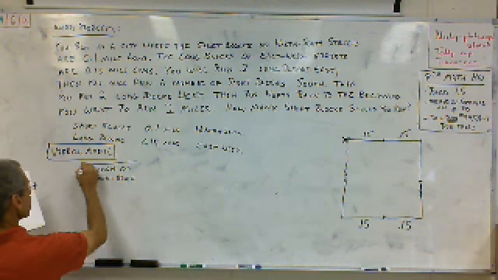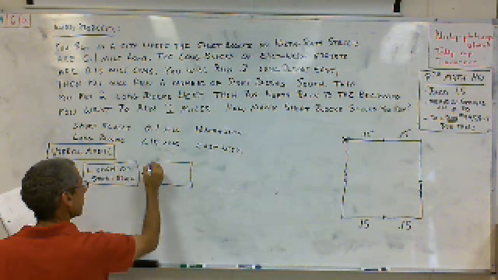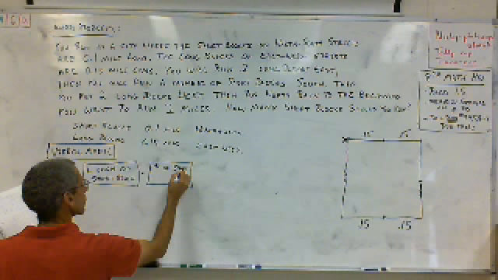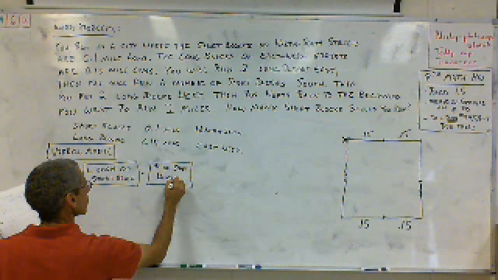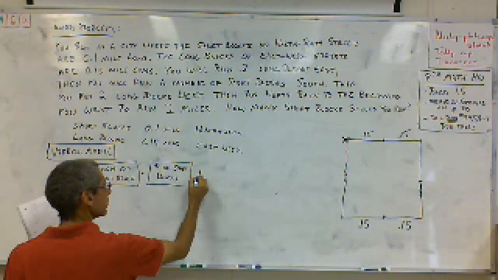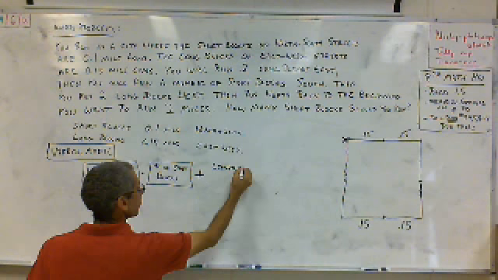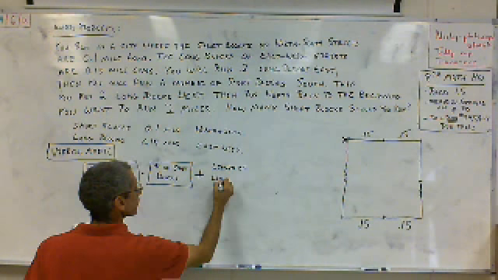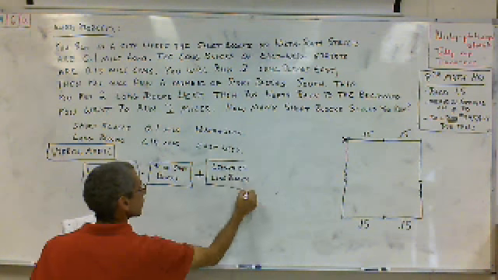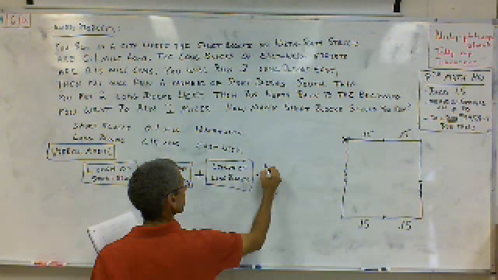Times, okay, that's our first thing. Times how many blocks we run, right? The number of short blocks. Now, what are we going to do with that? We also have long blocks, so we're going to have to go plus the length of long blocks, times the number of long blocks.